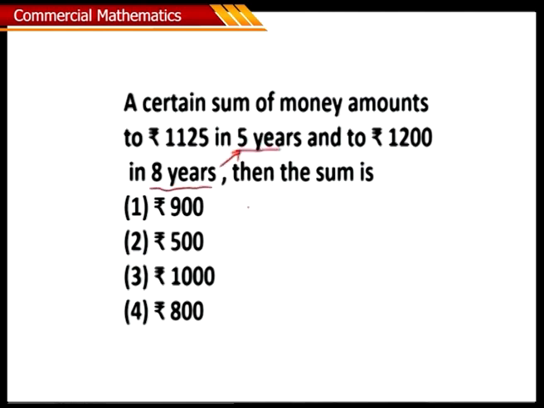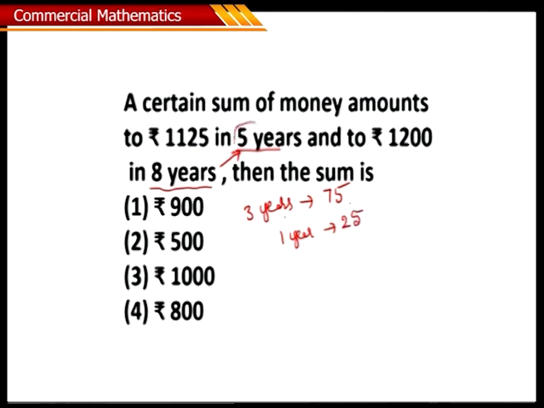So what is the difference? 8 years minus 5 years means 3 years. In 3 years, what is the difference in the amounts? 1200 minus 1125 means 75 rupees. Correct? Observe. In 3 years the increase is 75 rupees, means in 1 year it is 25 rupees.